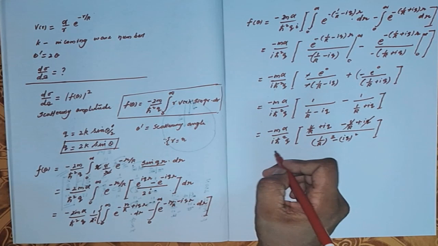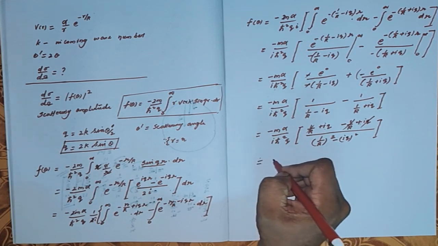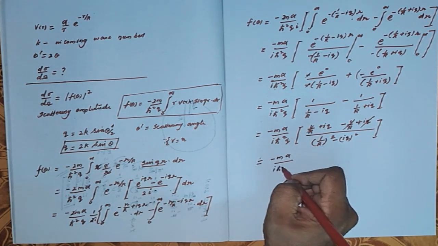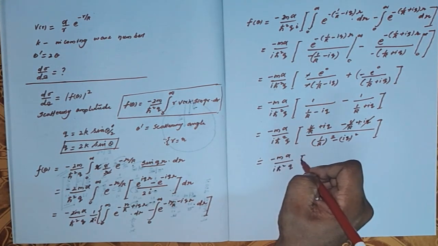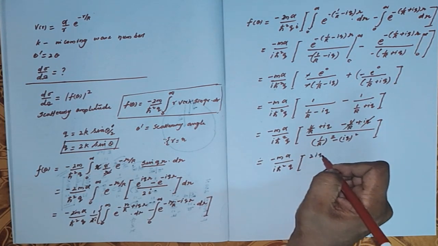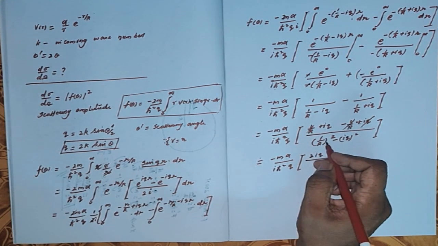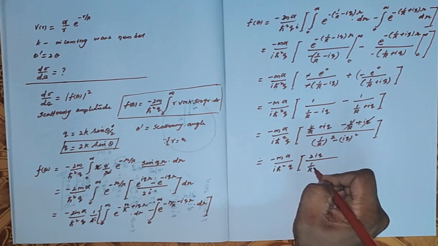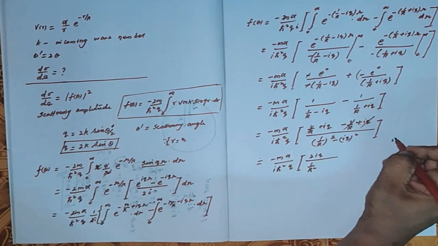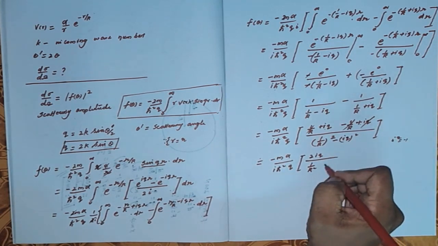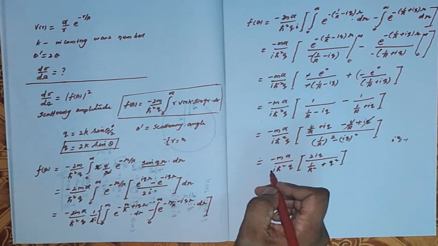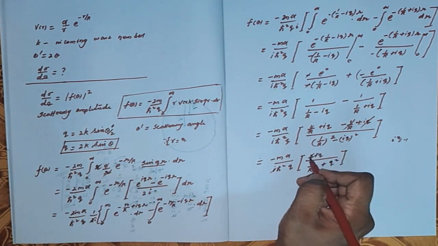You can cancel 1/r minus 1/r. So the final answer would be m alpha divided by i h cut square q. The numerator is plus iq, so 2iq. The denominator would be 1/r square minus i square q square, but i square is minus 1, so minus into minus is plus q square. You can cancel this imaginary i, and the 2 will be there.